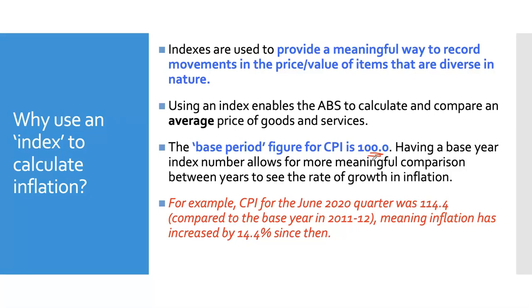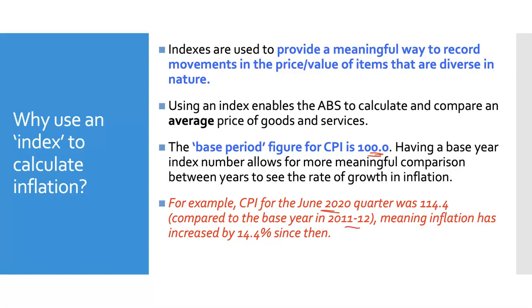As prices have gone up from the base year of 100, we're going to start to think, compared to the base price of 100, what has been the change? So for example, the Consumer Price Index for June 2020 was 114.4. What does that mean?